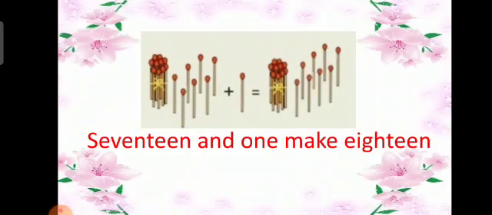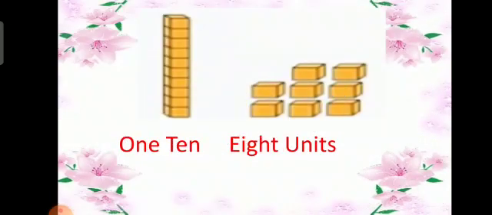Now here 17 matchsticks are there. With the 17 matchsticks we add one matchstick, so it becomes 18. 17 and 1 make 18. In 18 we have 1 ten and 8 units. 1 ten plus 8 units is equal to 18.